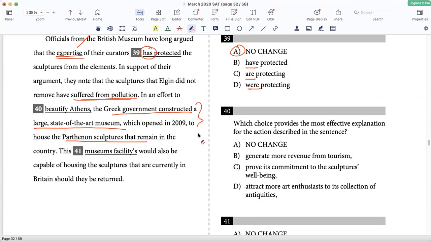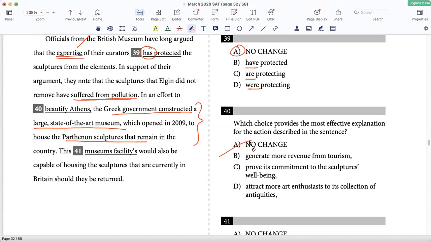So this action is meant to indicate that whatever sculptures remain in Greece or the ones that might come back from Britain, they would be housed in a special, state-of-the-art museum, and so they won't suffer damage.